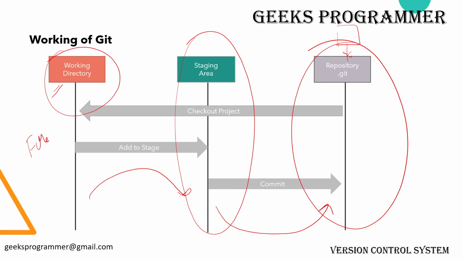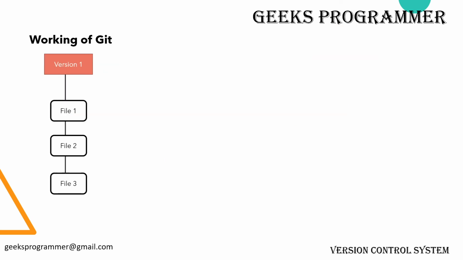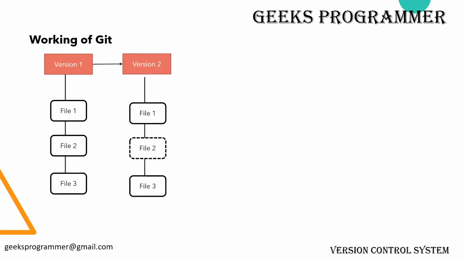Don't worry about it. Now let's understand how Git is different from others. So let's say you have a repository and you created a version, means as soon as you commit, you will have one version. Okay, you have 3 files. In the next version, let's say you modified file 1 and file 3.